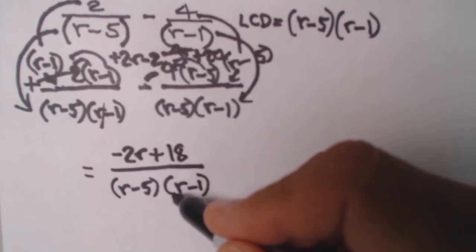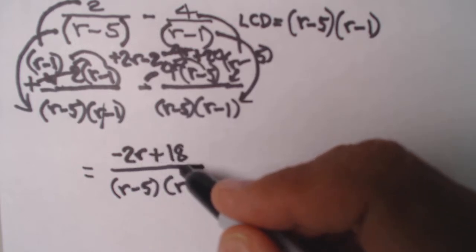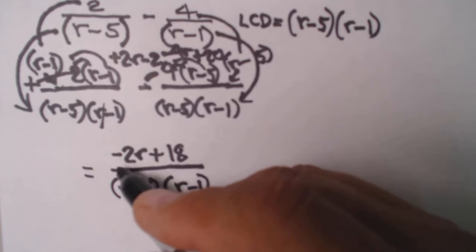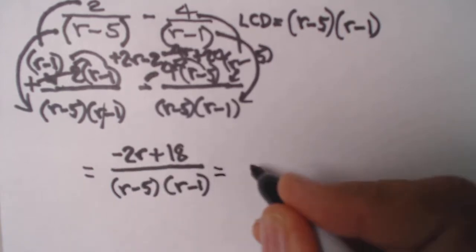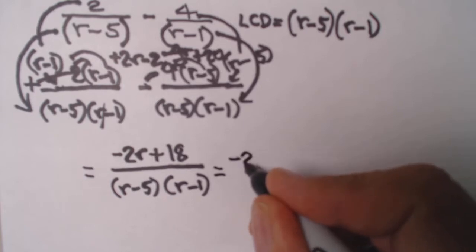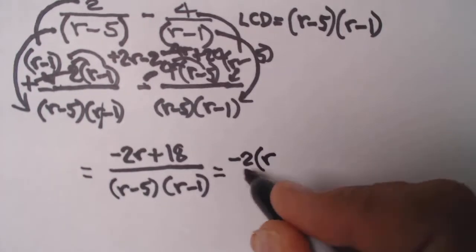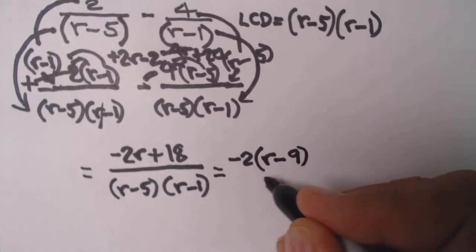Now, of course, we have to check to see if we can reduce anything. So we've got to factor the top up here. We can factor out a 2, and there's a minus in front of the first one, so I tend to factor out a negative 2. If I do that, I'll get just r left on the first term, and then minus 9 on the second.